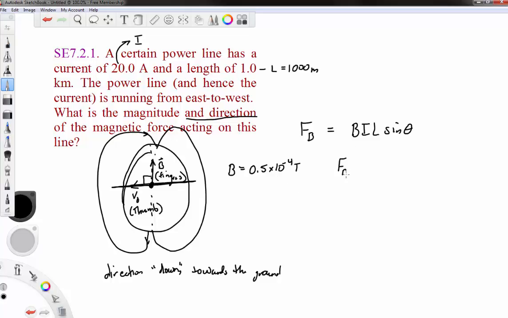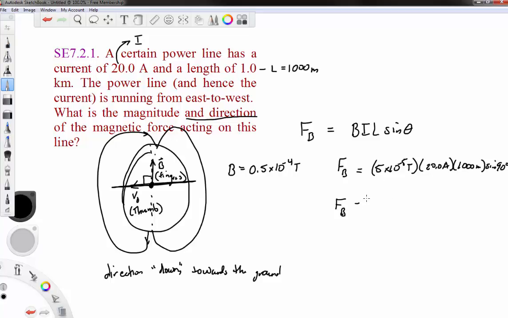So our magnitude should be 5 times 10 to the minus 5 Tesla times the current, which was 20.0 amps, times the length of the wire, which is 1,000 meters, times the sine of the angle between the two. The angle is 90 degrees.